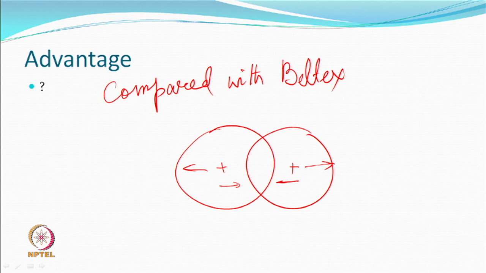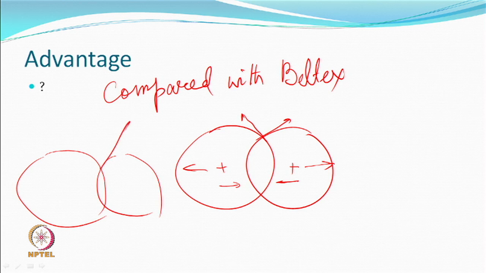If you define a tangent in this way here and a tangent in this way here, this can be changed when you change the overlap. If the overlap is less, then you can have a different angle.